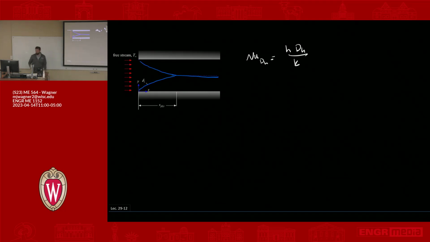We might even say that's h at some position x. So that's my local Nusselt number. If I wanted the average, it's going to be the integral. So Nusselt bar dH would be h bar dH over k. And h bar and h are different things.